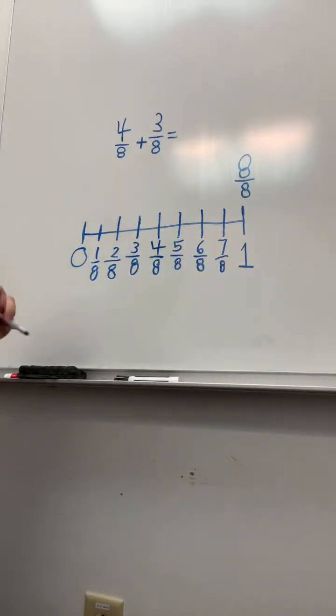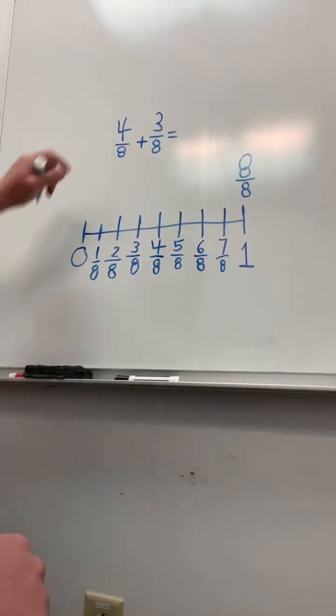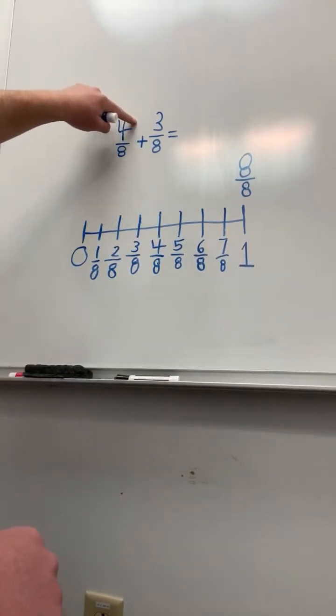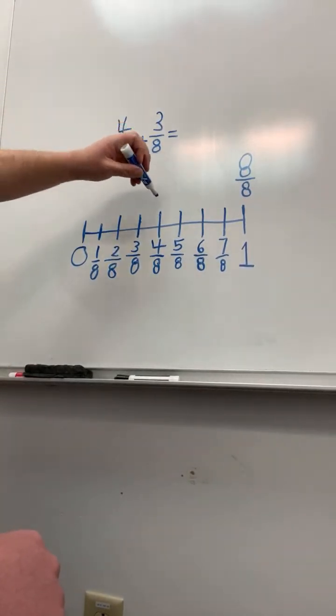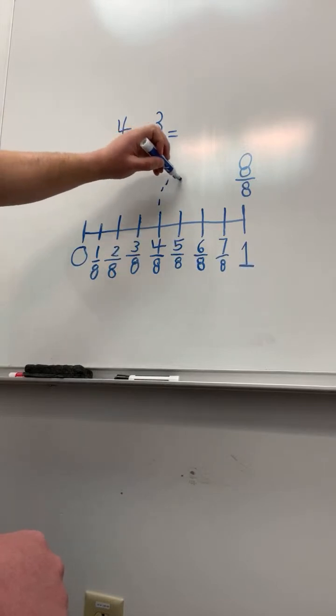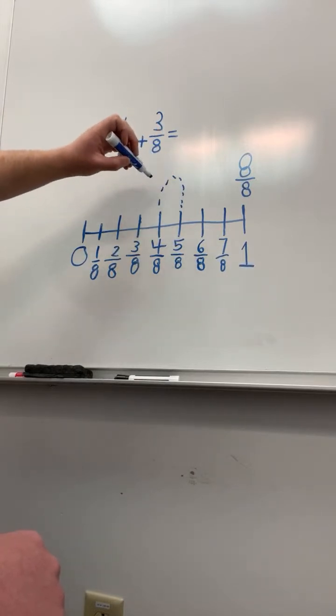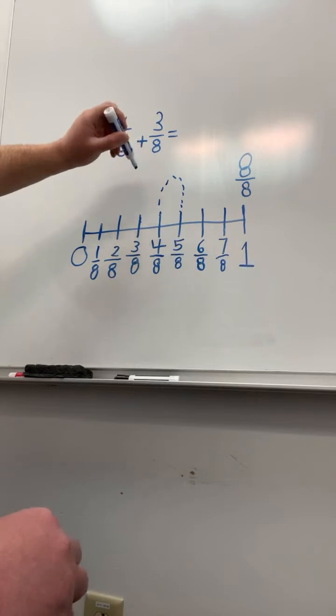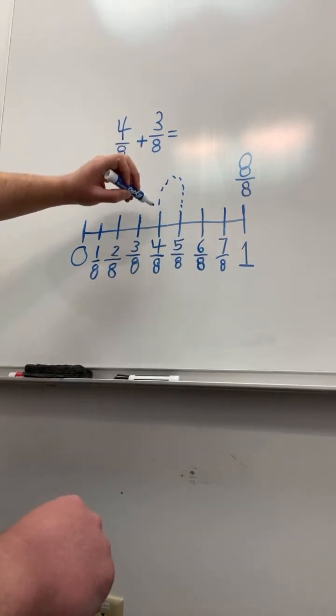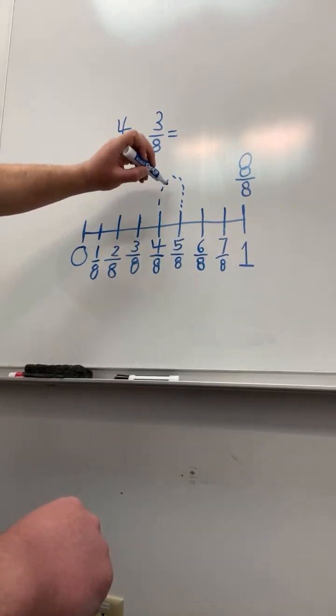So, if you want to use the number line to determine 4/8 plus 3/8, one way to go about it is to do it on the number line. 4/8 plus 1/8.